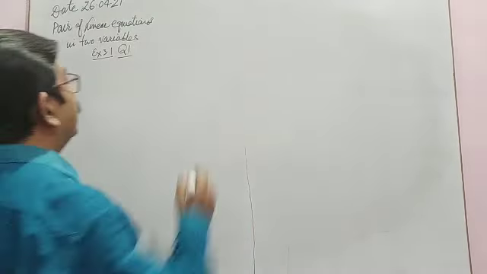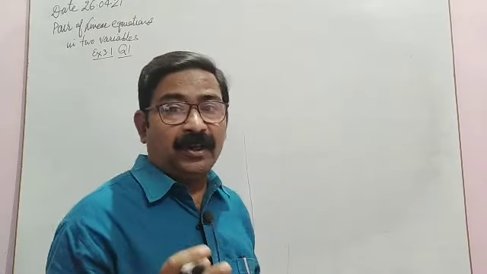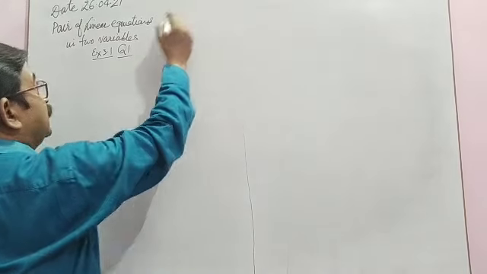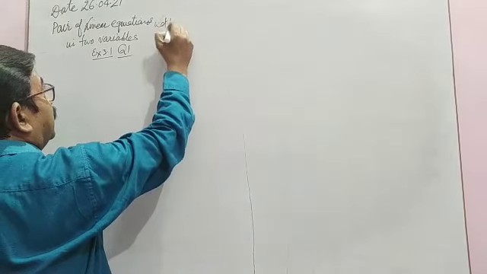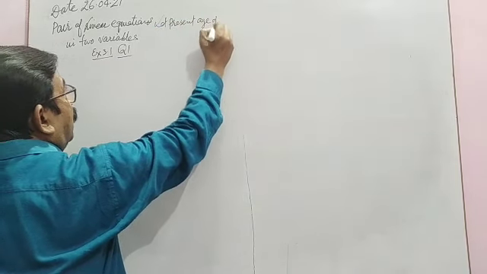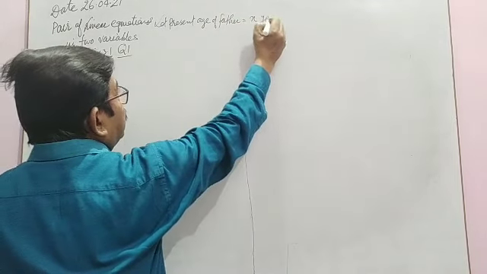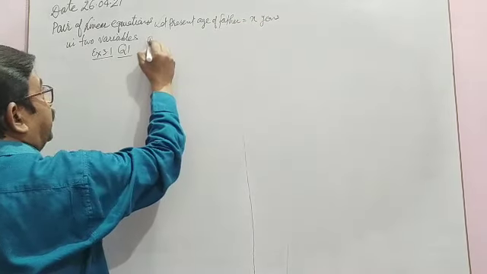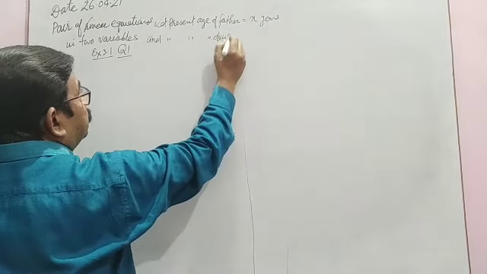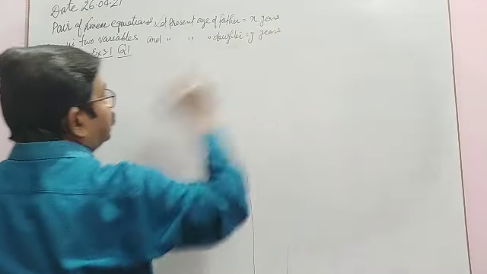See, two persons are father and daughter, so we will assume two variables, like, let present age of father is x years and present age of daughter is y years. Is it?